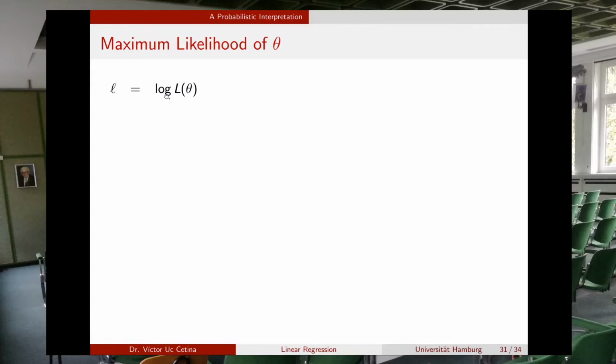Because if we apply logarithms here, we can apply the rules of logarithms. And one of the rules of logarithms is that the logarithm of the product of some terms is the same as the sum of the logarithms of these terms.